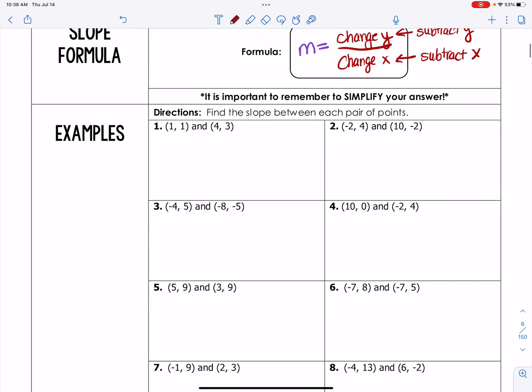So I'm going to show you, you can do this either way. If I start with this point, I do my change in y, 1 minus 3, over my change in x, which is 1 minus 4. So this is a -2 over a -3, so my answer is 2/3, okay? So I just want to show you this so that you understand it doesn't matter.